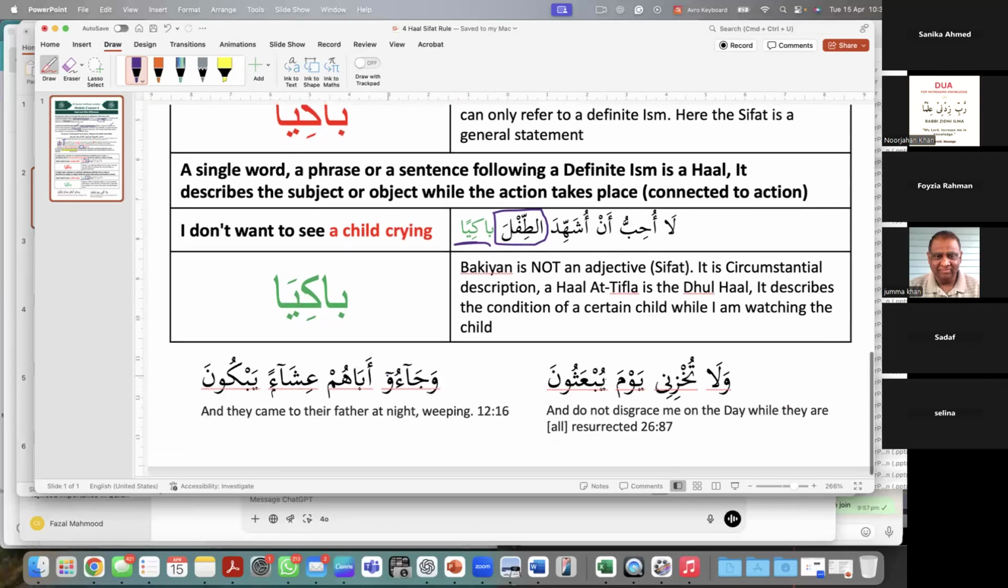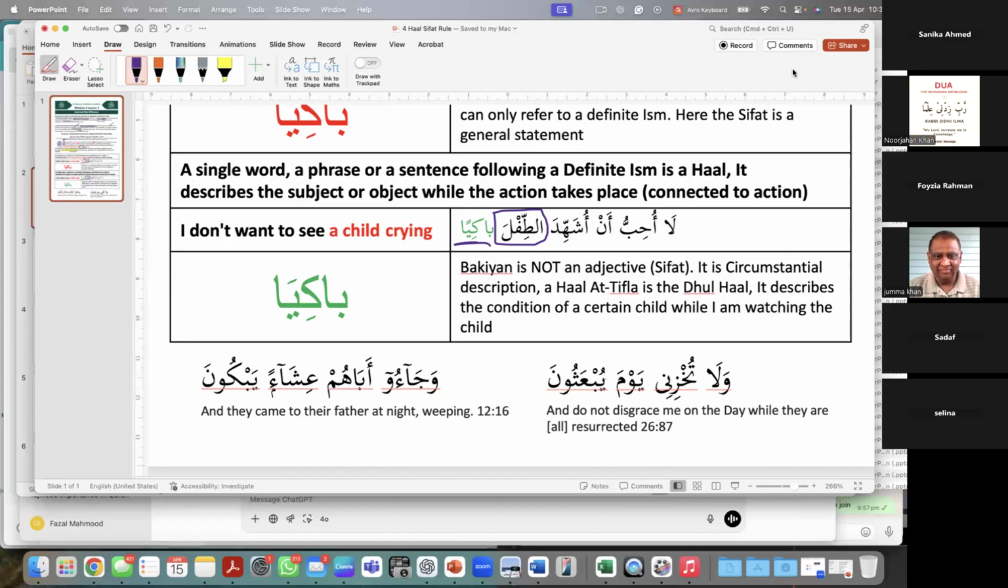Okay, next one. Now that is a little bit advanced because for you, it's the beginning of module 2. I'm just considering whether I should say this or not, because all the rules, grammatical rules, even just forget about grammatical rules, any law on the land, every law has some loophole.